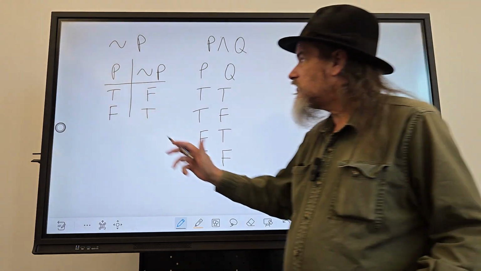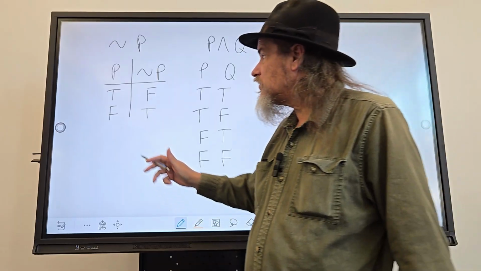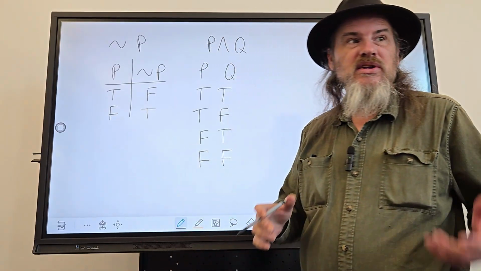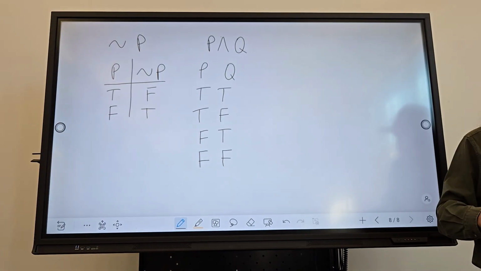For one input variable, there's only two possible values, true or false, because as stated earlier, a statement can either be true or false, but not both.